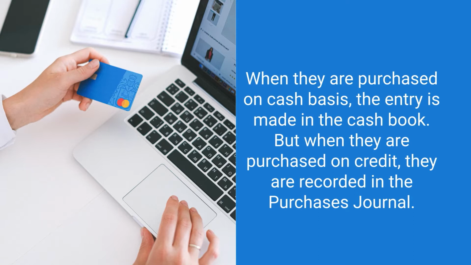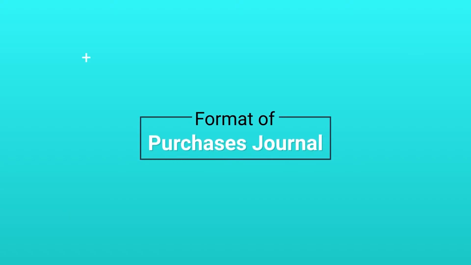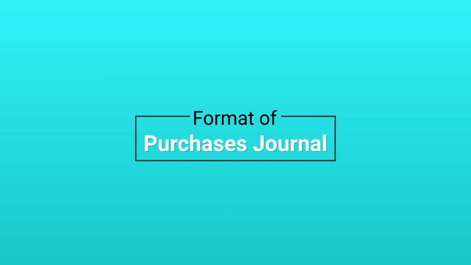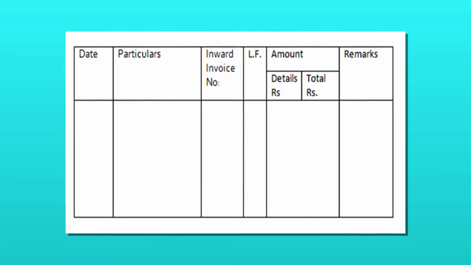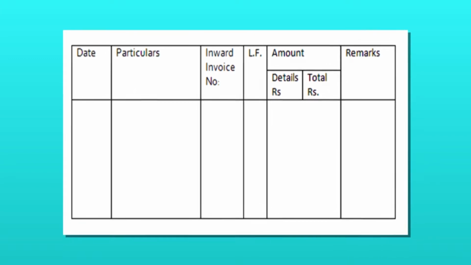Well, friends, this is the format of purchases journal, that we have three columns on the left hand side and three columns on the right hand side. On the left hand side we have the date column. Here the date of the transaction is recorded, and then the second one is particulars.